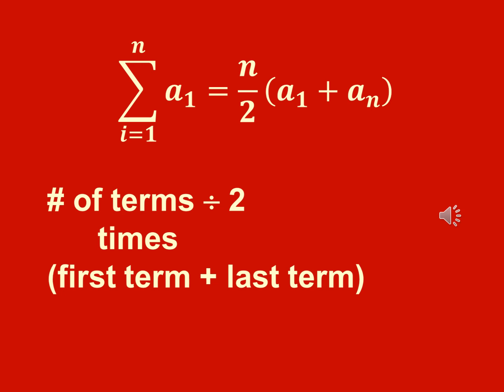So if there's 6 terms, you'd take 6 divided by 2, that's going to be 3. If I had 10 terms, I'd have 5 there. It's just always the number of terms over 2. And then in the parentheses, it says a1 plus an. That just means the first term plus the last term. So n over 2, first term plus last term.